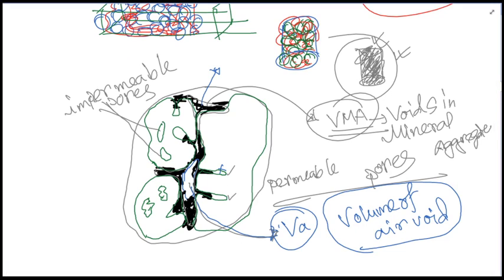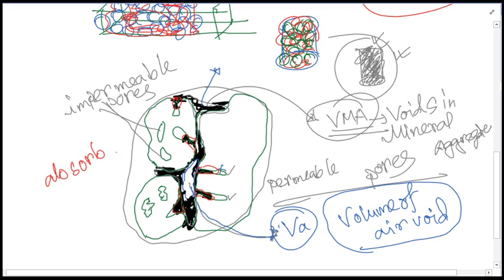If I designate this differently, all these bitumens which are absorbing through the aggregates will be called the absorbed bitumen or asphalt.